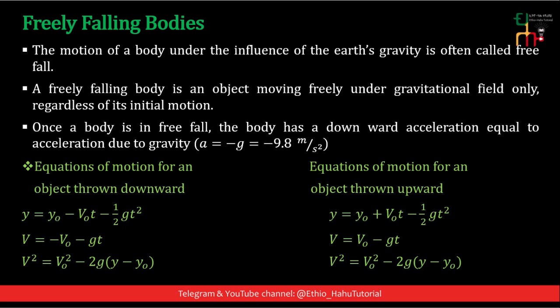Therefore, when objects fall from a certain elevated point, the speed will increase. Whereas when an object is thrown vertically upward, due to the gravitational force acting downward, the velocity of the particle gets smaller and smaller as it moves higher and higher.